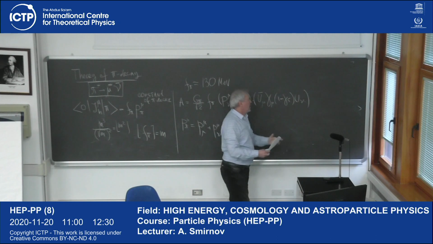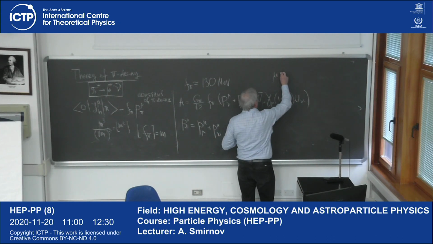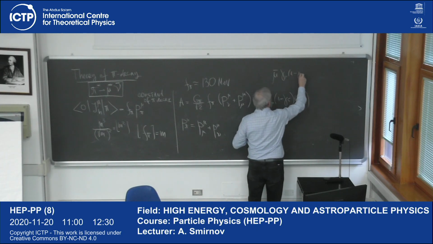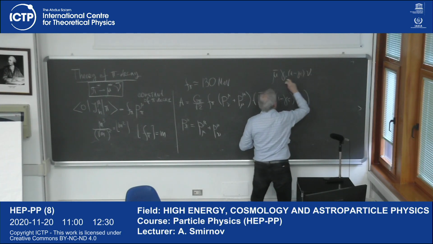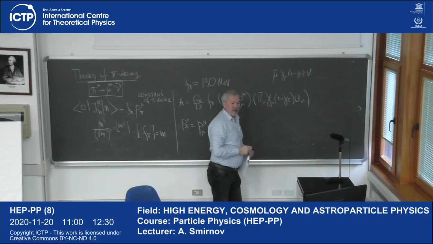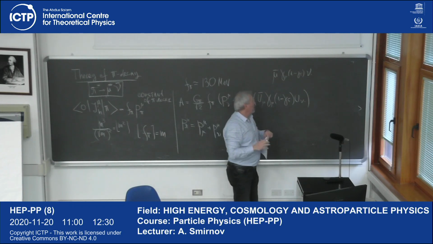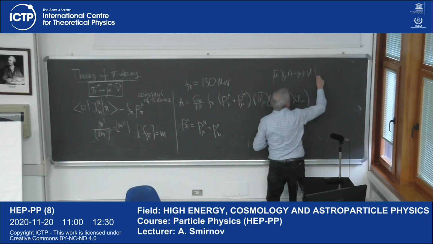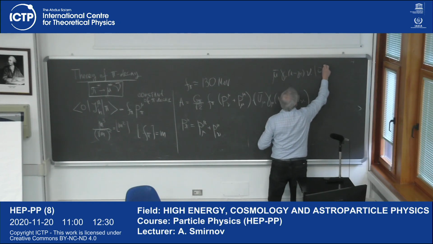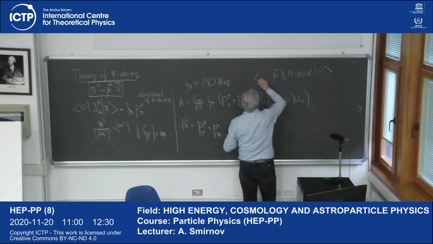Okay, ask me questions. So what has been written before? It was ψ̄_μ γ^μ (1 minus γ^5) ψ_ν. But these are fields, so these are operators. And when I compute the matrix element, I make contractions, so here I have a vacuum, and here I have the muon.